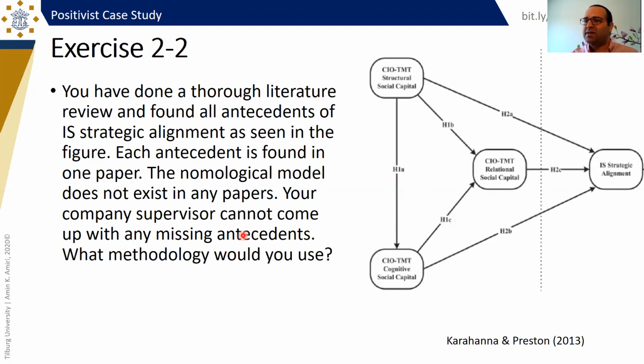When you see that your chance is low, you cannot go for an explanatory case study because it's risky, very risky. So it's better to go for a field survey to be able to figure out the strengths of relationship between these constructs. Is that clear?